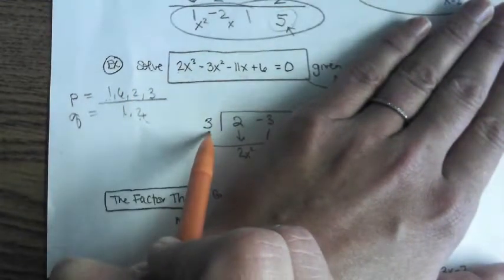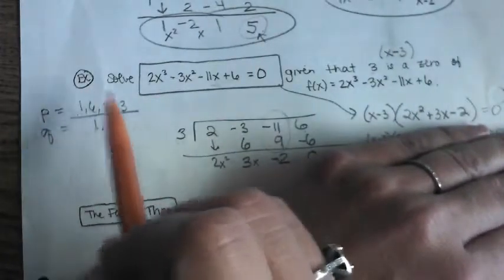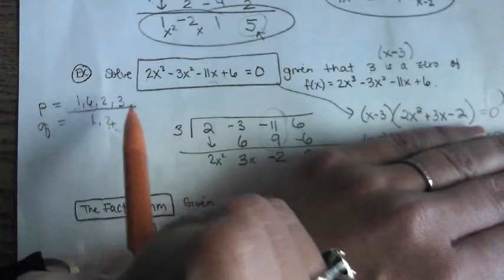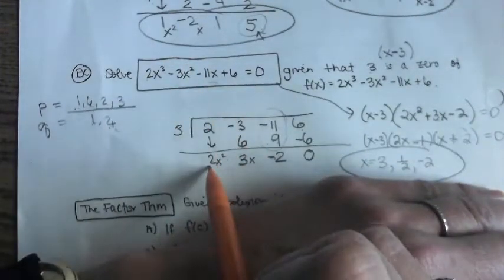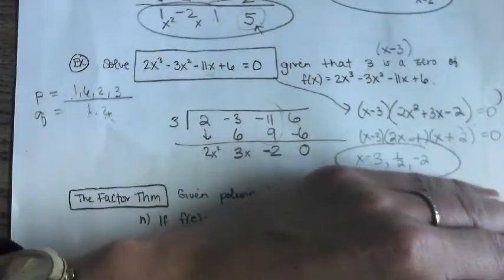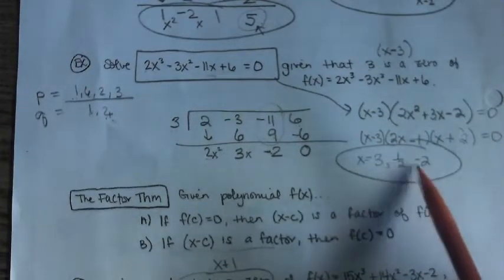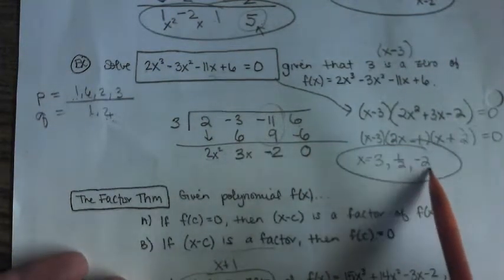And obviously 3 was a root. They told us that. So if we were just randomly testing, you are just guessing and checking, you would eventually get to 3, find out that it's a root, knock it down to a quadratic, and the rest you can then do by hand. So the other 2 roots that we got once we did our quadratic by hand were 1/2 and -2.